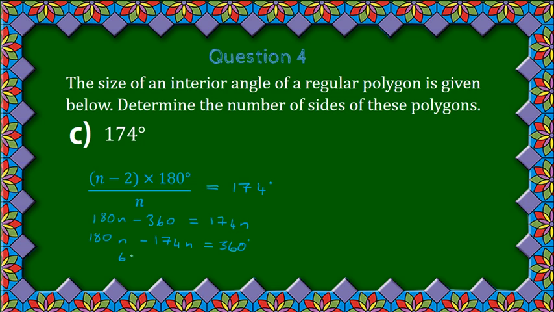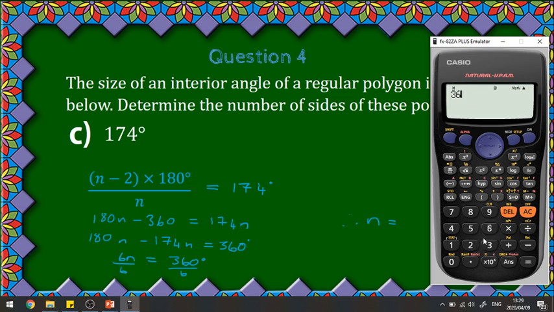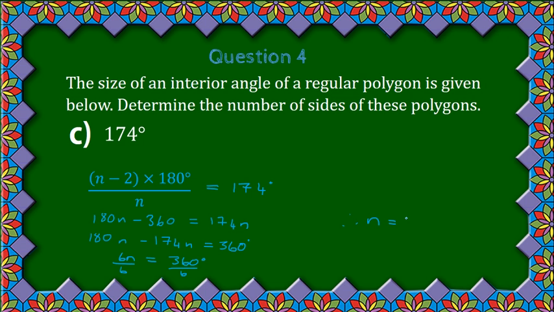So 6n equals 360 degrees, and divide both sides by 6, and this will then give me n equal to 60 divided by 6... 360 divided by 6 is 60, so n is 60.